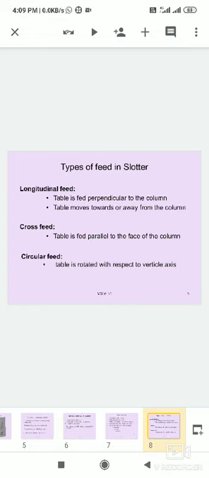In circular feed, work mounted on the table is rotated on a vertical axis. The feed movements may be given either manually or by power. The manual feed is given by rotating the individual feed screws. The power feed mechanism is described in the figure.